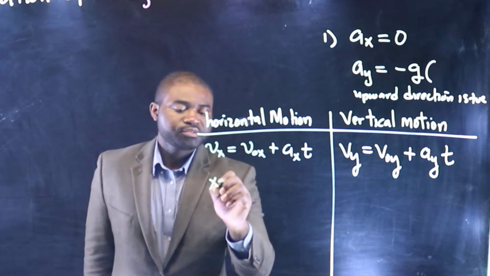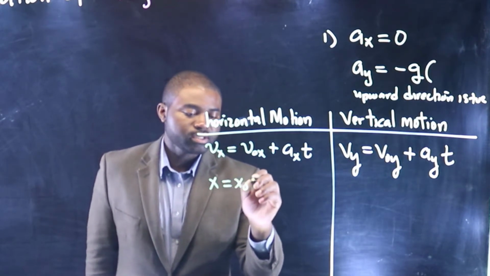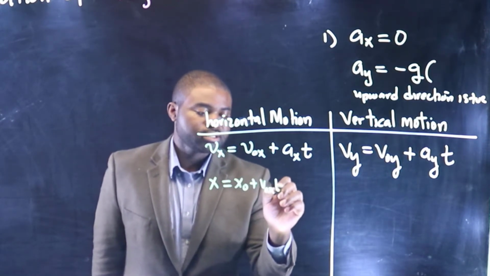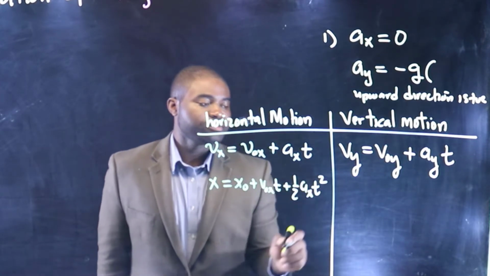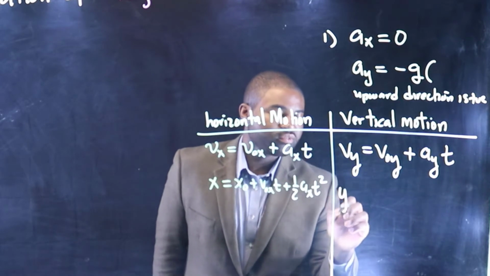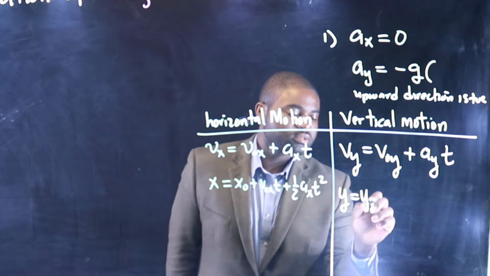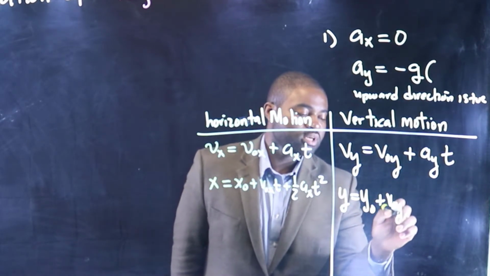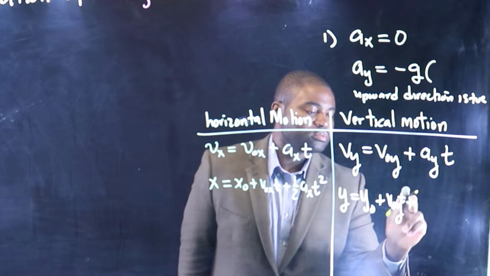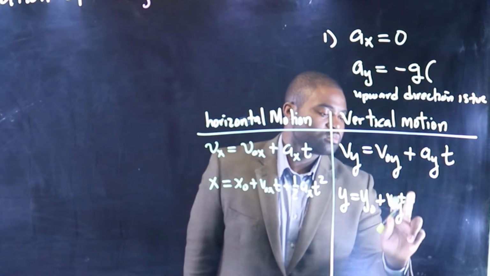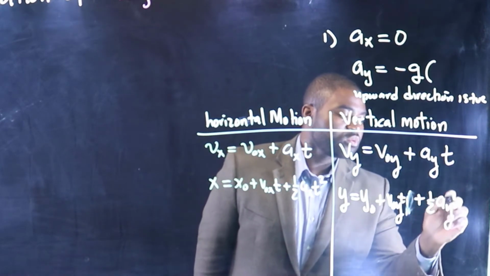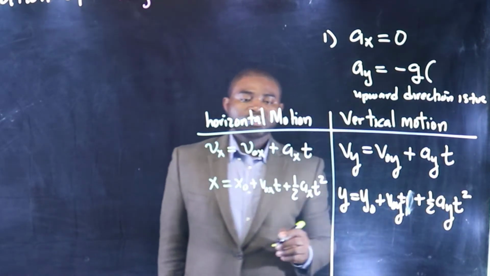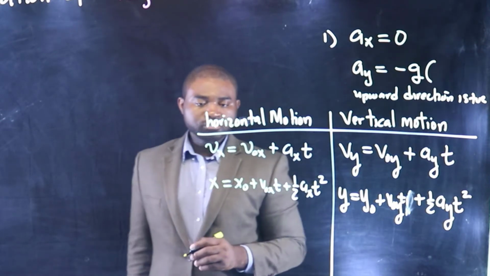You have X equal to X naught plus Voxt plus 1/2 Axt squared. Similarly, you have Y equal to Y naught plus Voy t plus 1/2 Ay t squared.